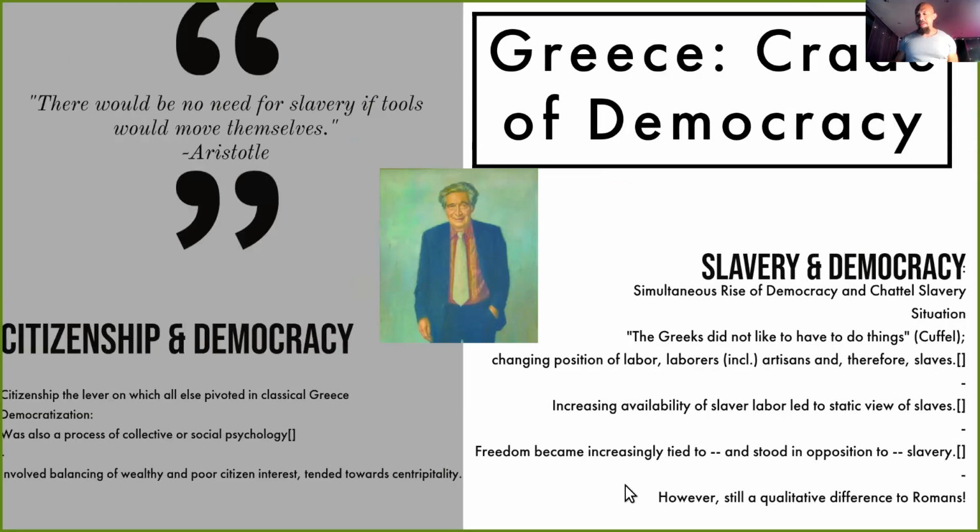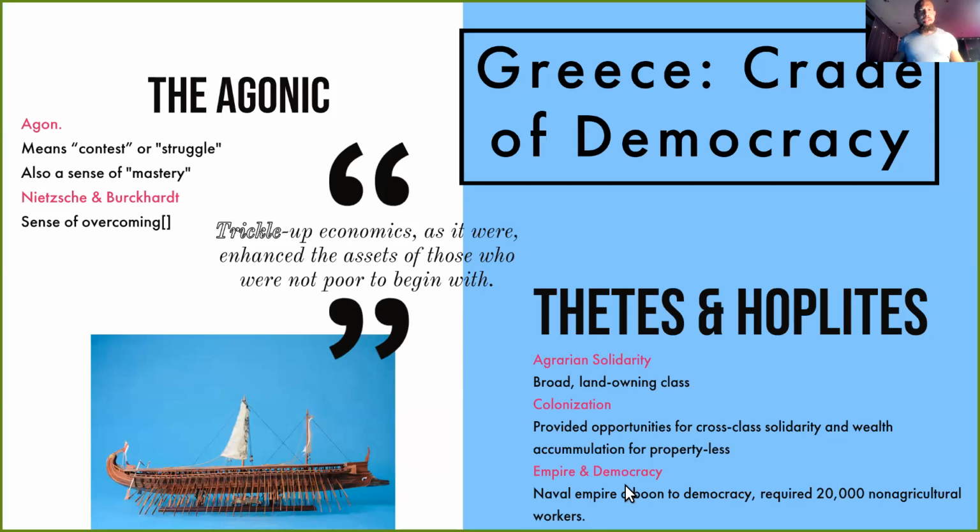However, there is a qualitative difference in the perspective on slaves between classical Greece and Rome, which I will get to in a later lecture. So there is also the notion of the agonic.